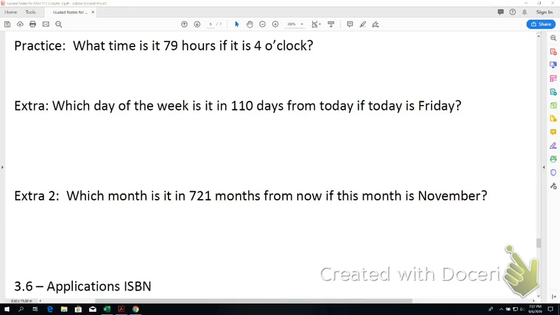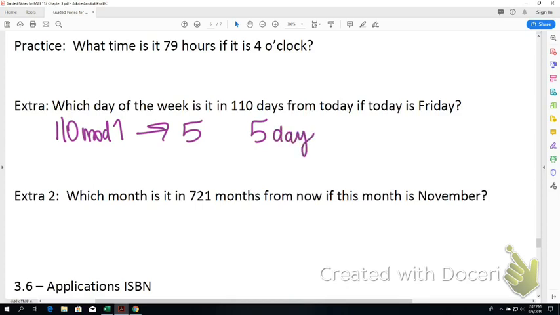So I would do 110 mod 7, and that's going to give me, so practice for a moment. You could pause the video. What would you get? You would actually get 5. So this is 5 days from Friday, which is what?